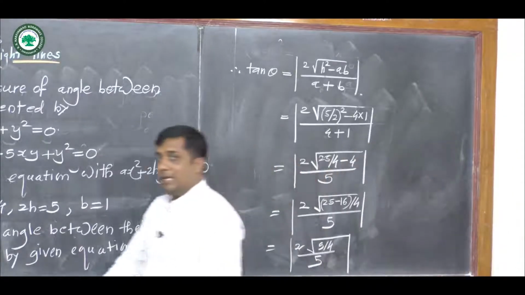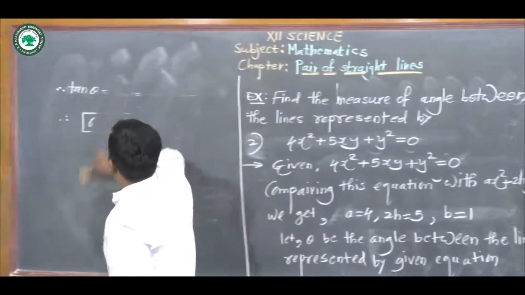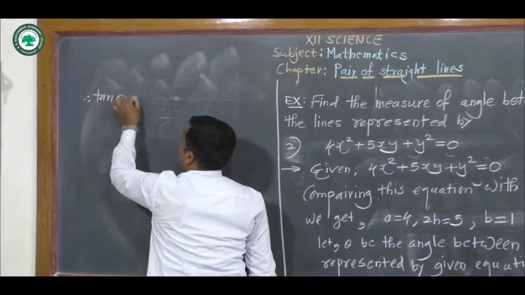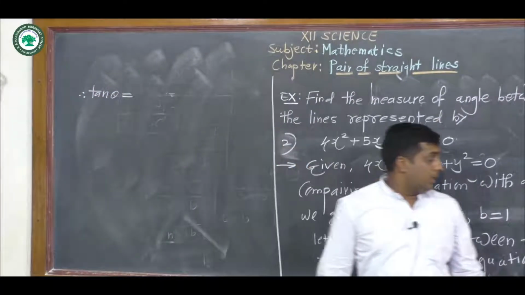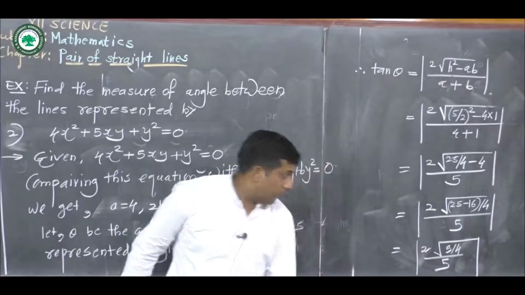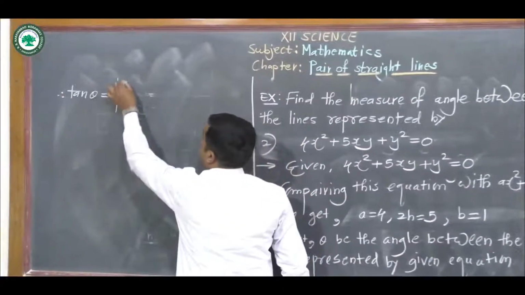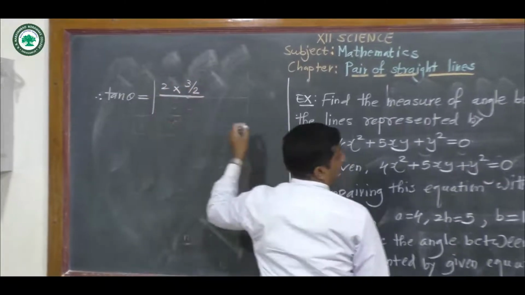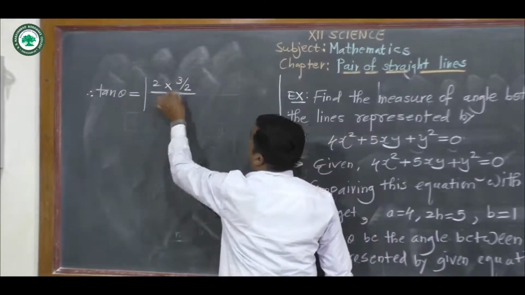Then in the next step, we get tan theta is equal to, we know square root of 9 by 4 is 3 by 2. So inside this mod 2 into 3 by 2, this divided by 5.